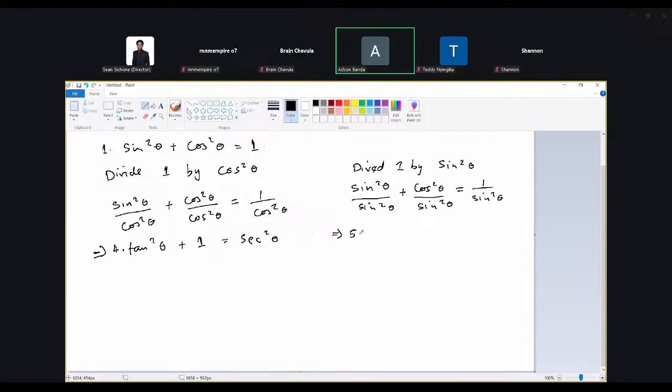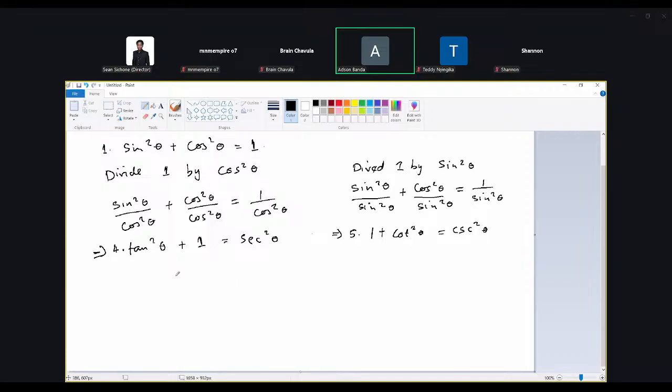And this gives us the fifth identity. Here you get 1, then plus the cosine over sine. We know that this is just 1 over tan, so this is the cot squared theta. And on the right-hand side, you have 1 over sine, which is the cosec, so that is the cosec squared theta. So this gives us the fifth identity.